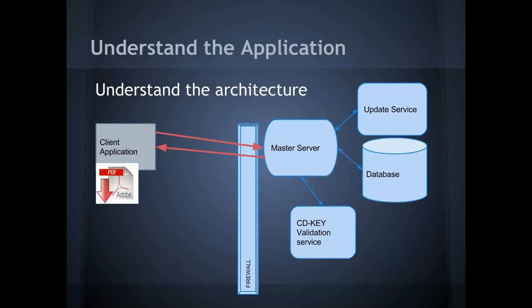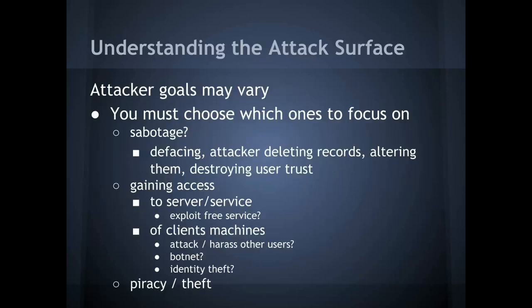And you contact the master server, and there's an update service and perhaps a CD key validation service. And you have to really understand the architectures of your particular scenario to do code auditing effectively, because the architecture dictates the attack surface.